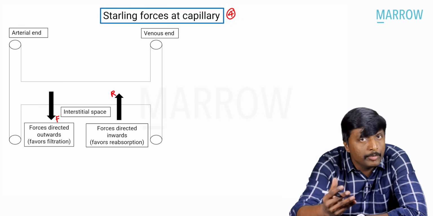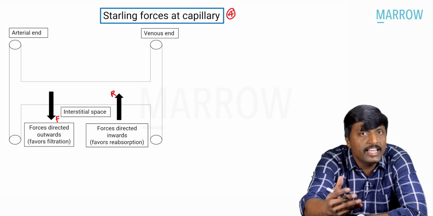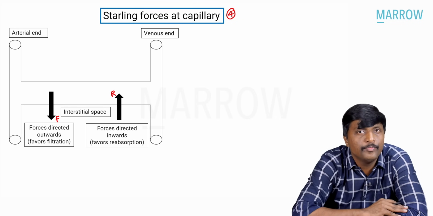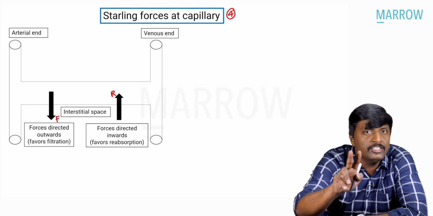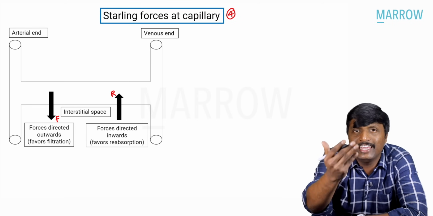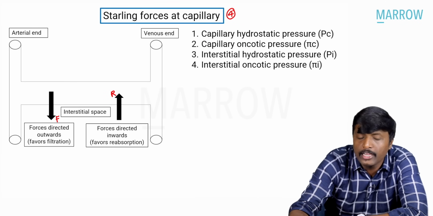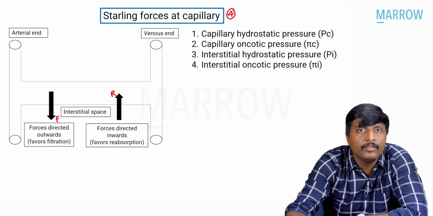Hydrostatic pressure is there in the capillary and the interstitium. Oncotic pressure is there in the capillary and the interstitium. That's all. There are two major forces, hydrostatic and oncotic. They can be in the capillary, they can be in the interstitium. So in total there are 4.